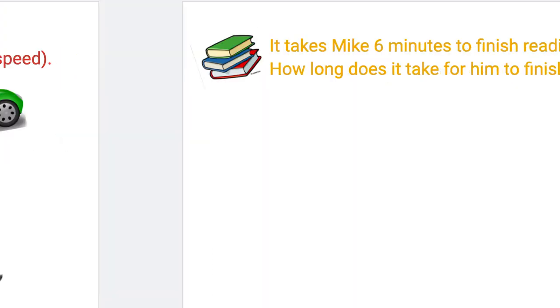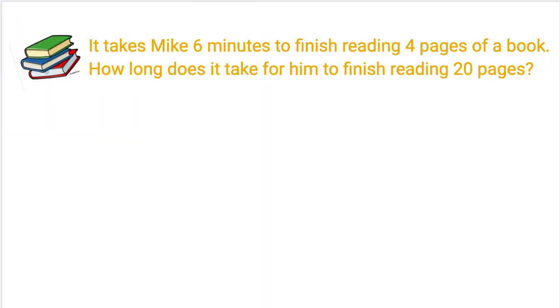Now let's have another example. Let's have this last example. It takes Mike 6 minutes to finish reading 4 pages of a book. How long does it take for him to finish reading 20 pages? Of course, if there is an increase in the number of pages, the time will also increase. The more pages, the more time to finish reading the book.